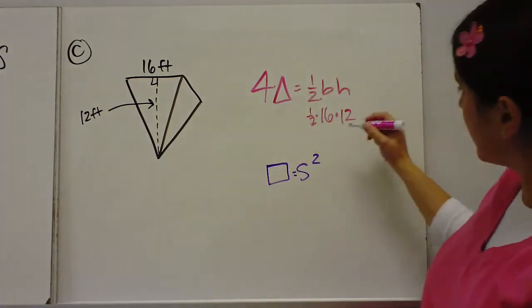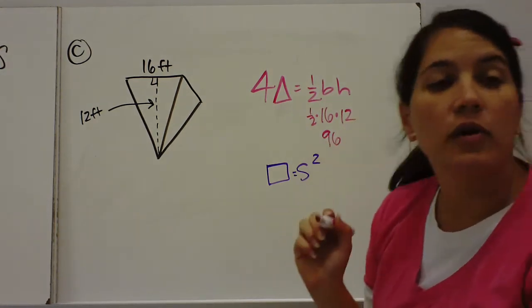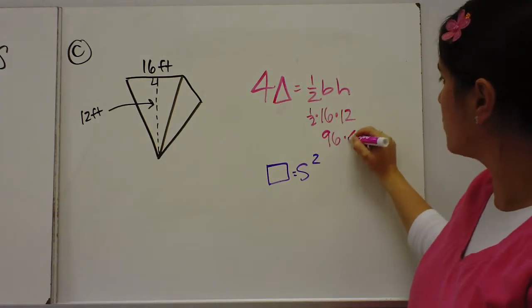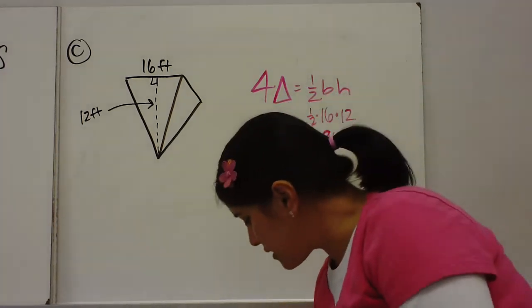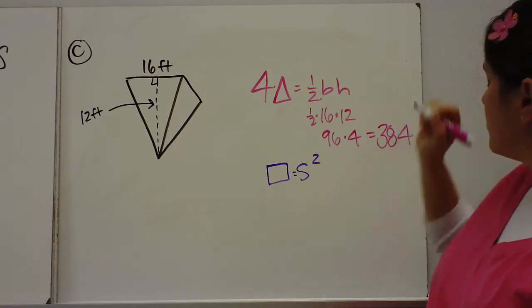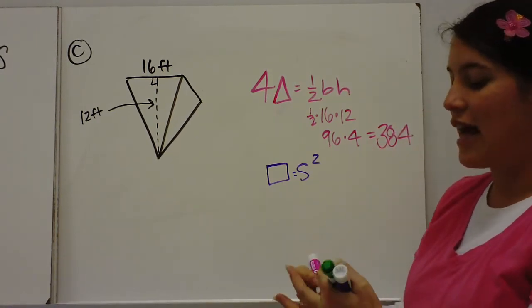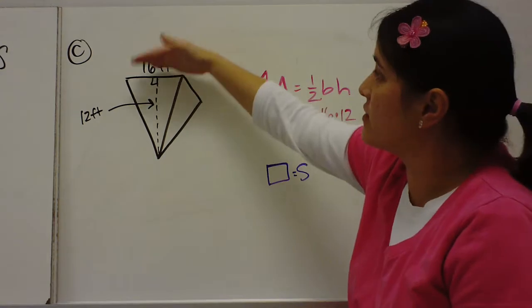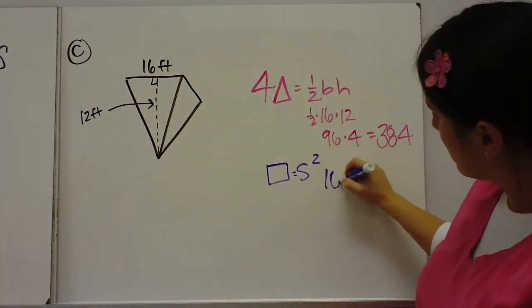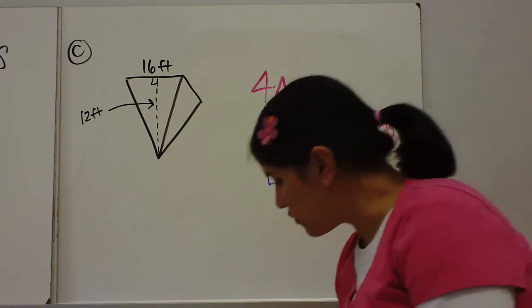I get 96. But remember, I need to multiply it by 4 because I have 4 triangles. So 96 times 4, that's 384. And then my side squared for my square at the top would be 16 squared, which I think is 256.